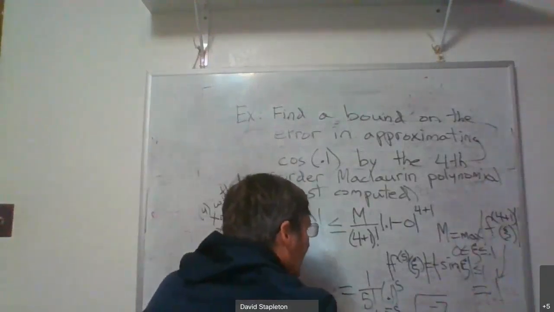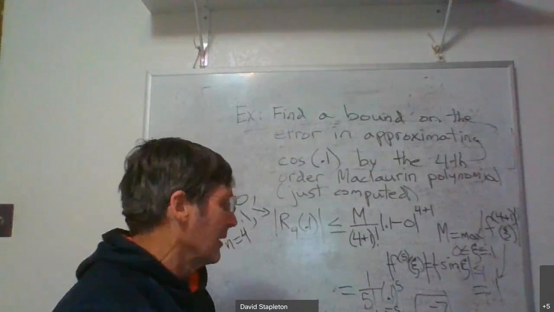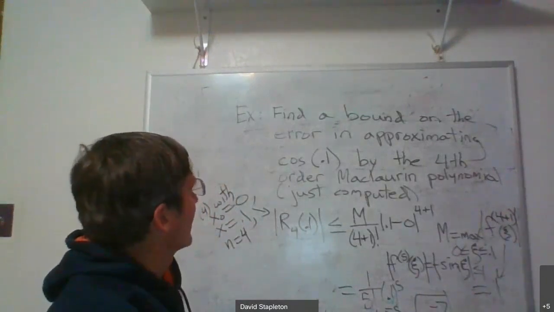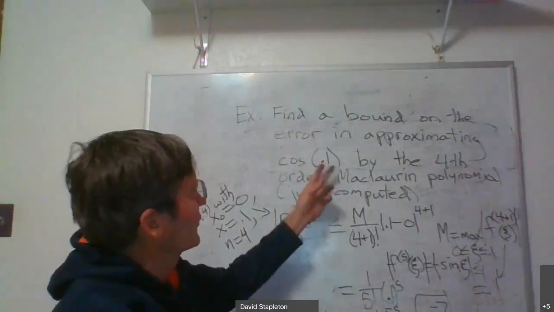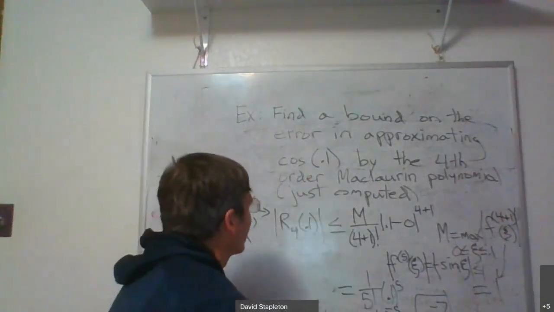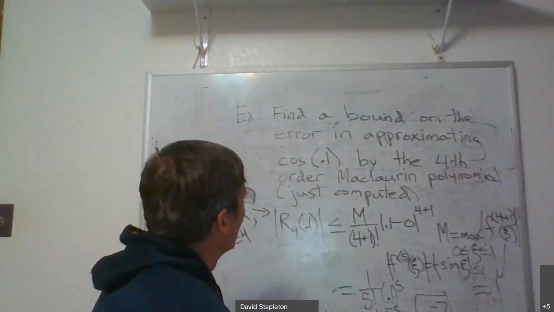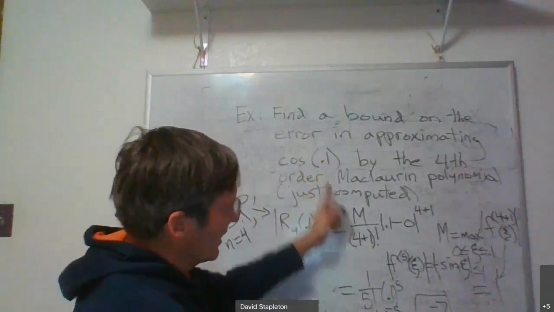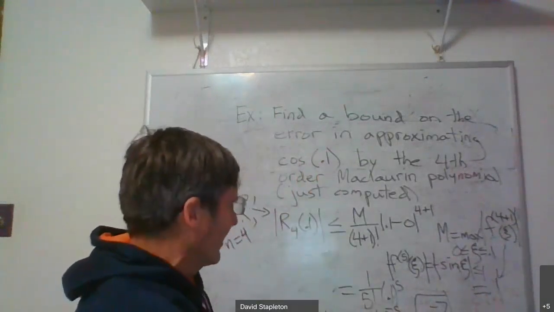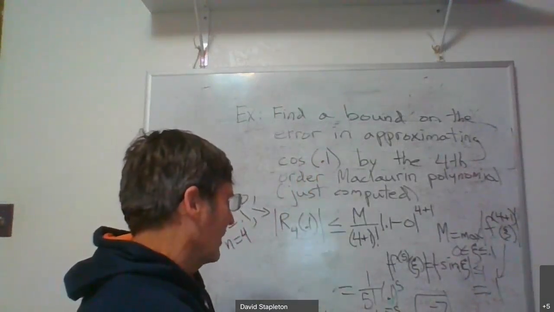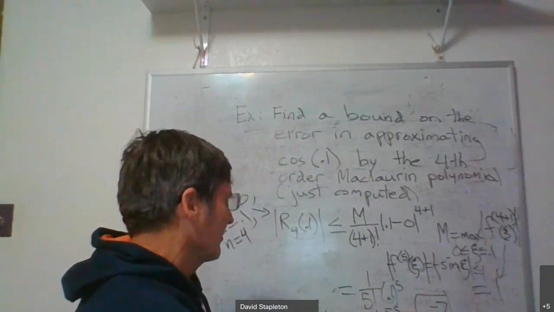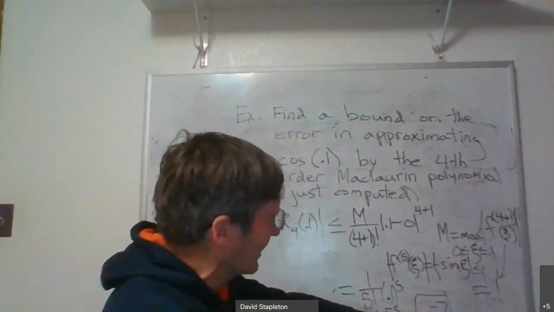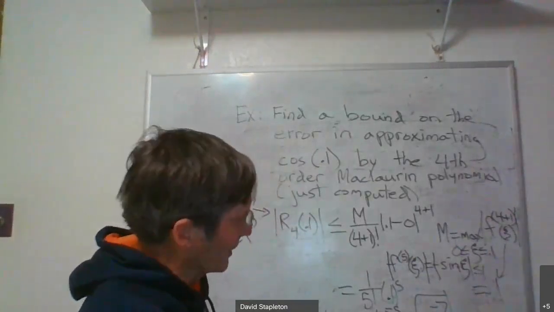So I'm going to have a whole lot of significant digits in this. Cosine of 0.1 is just a little less than 1, so it's going to be like 0.9 or something like that. This says I'll have 6 significant digits because the error is less than 5 in the next place. That's the way significant digits work.